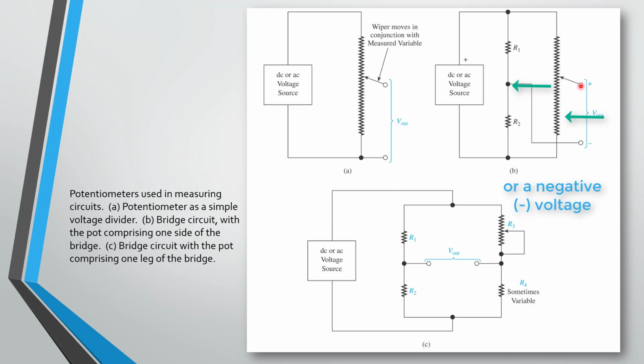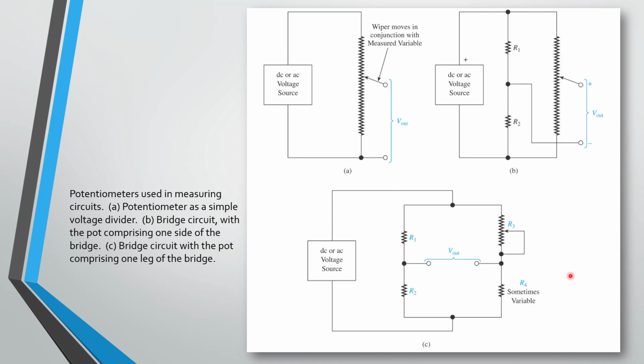And if something moves this up here, then this voltage is going to be higher than this one. It'll be positive in relationship to this, and my error will be the opposite polarity, and the correction will occur in the opposite direction.